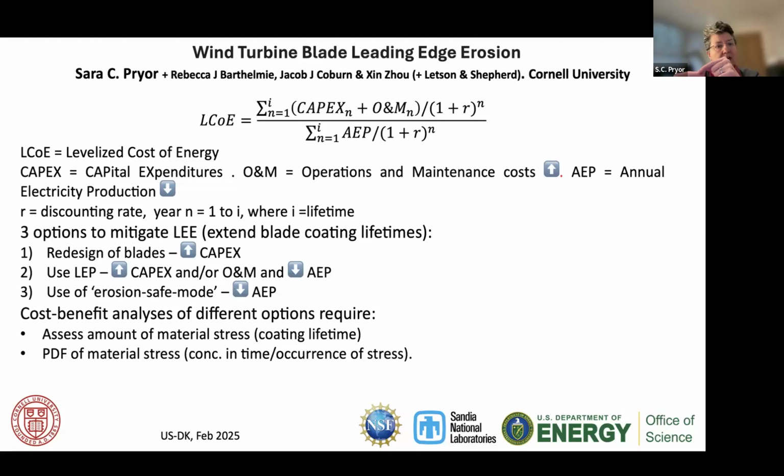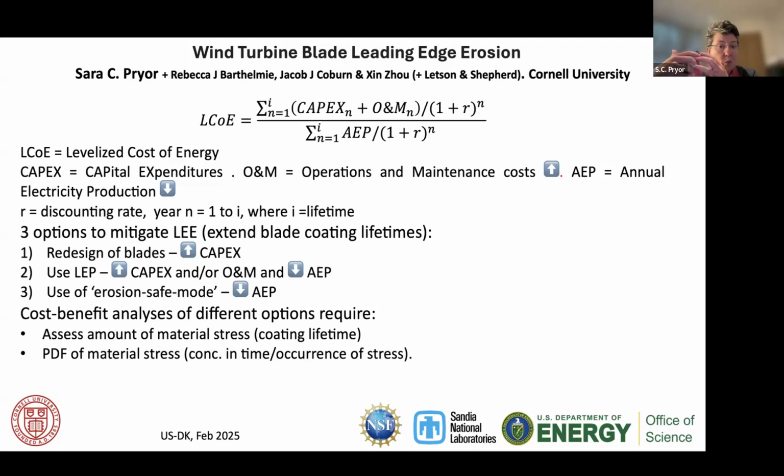And because the closing velocity between the hydrometeor and the blade is really largely dictated by the blade speed, I reduce that, so I reduce the material stresses. Of course, I'm compromising power production.